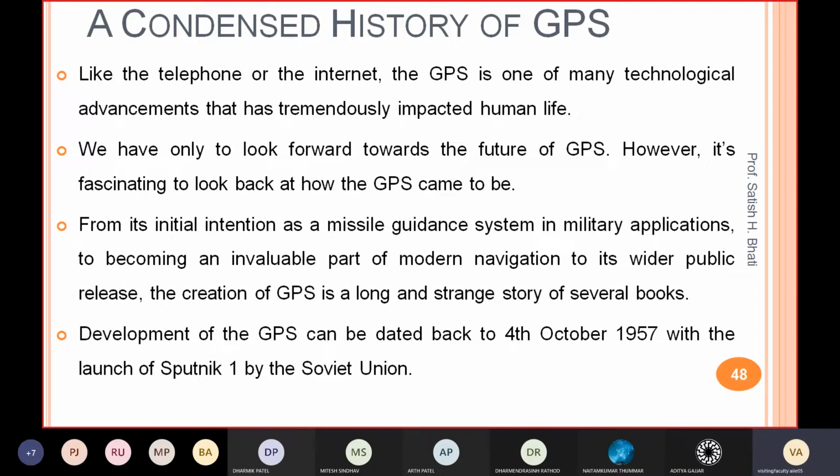We can say it started in October 1957, right? On that day, the 4th of October, the Soviet Union, meaning Russia, launched their satellite called Sputnik 1, right?